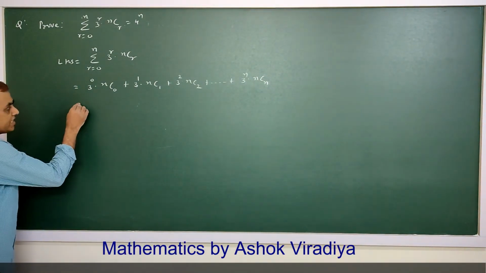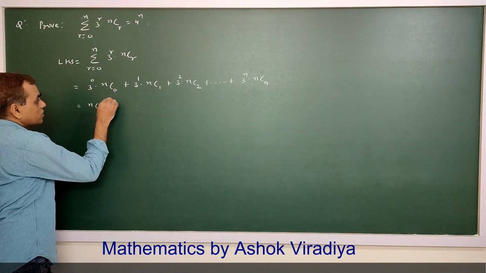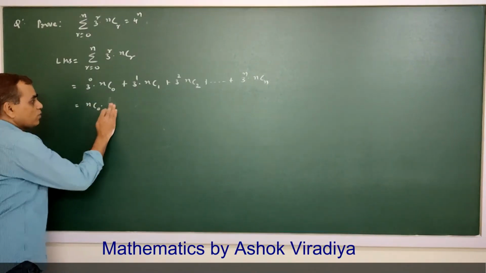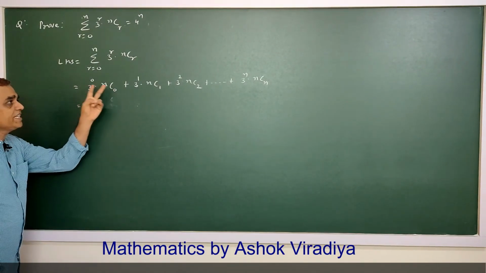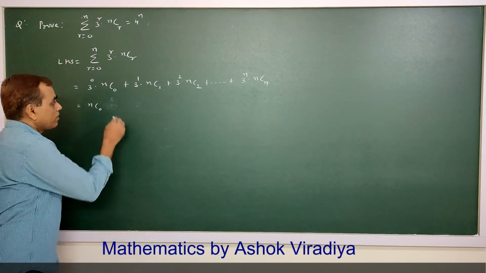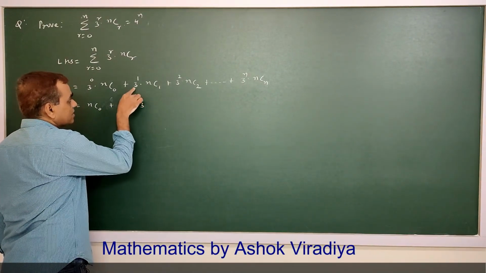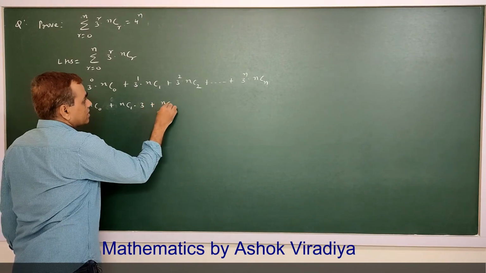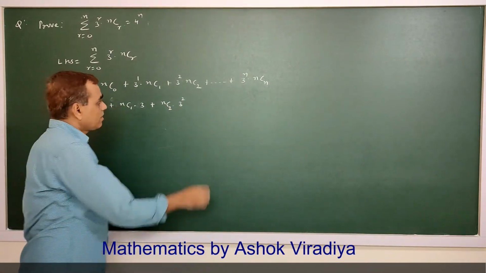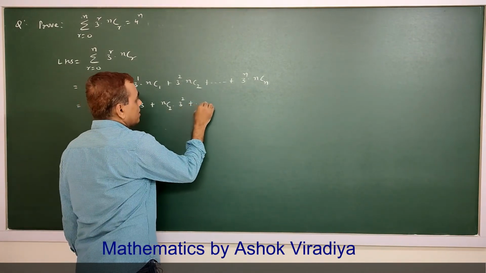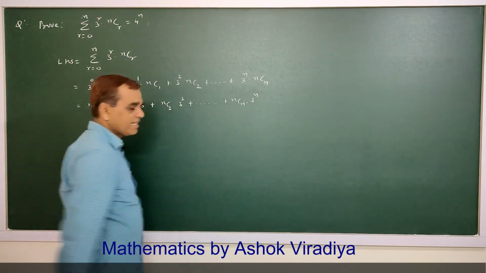Now see, rearranging this product, it is nC0 into 3 raised to 0. 3 raised to 0 is 1, so no need to keep anything. 1 into nC0 is 3 raised to 0, plus nC1 into 3, plus nC2 into 3 square, plus up to nCn into 3 raised to n.